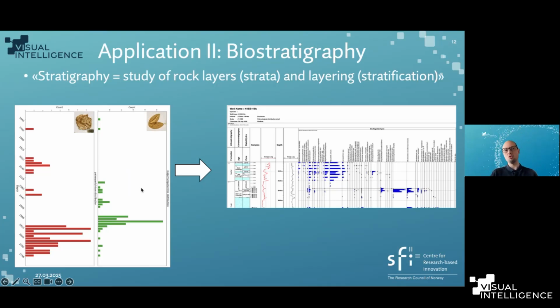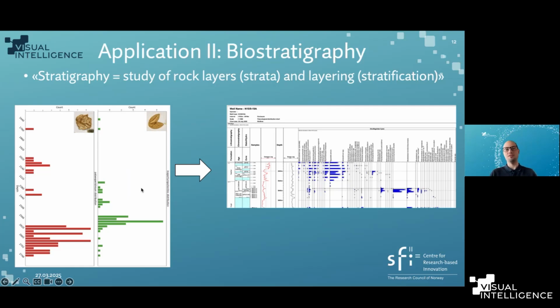Another application, which is more relevant to what I'm going to talk about today, is in biostratigraphy. So to the right, you have a stratigraphy report, and it's not so easy to see, but you have different geological time periods to the left corresponding to different depths in the well. And on the x-axis, you have counts. So the blue bars are counts, and you have this vertical list of names. There are many different microfossil species.